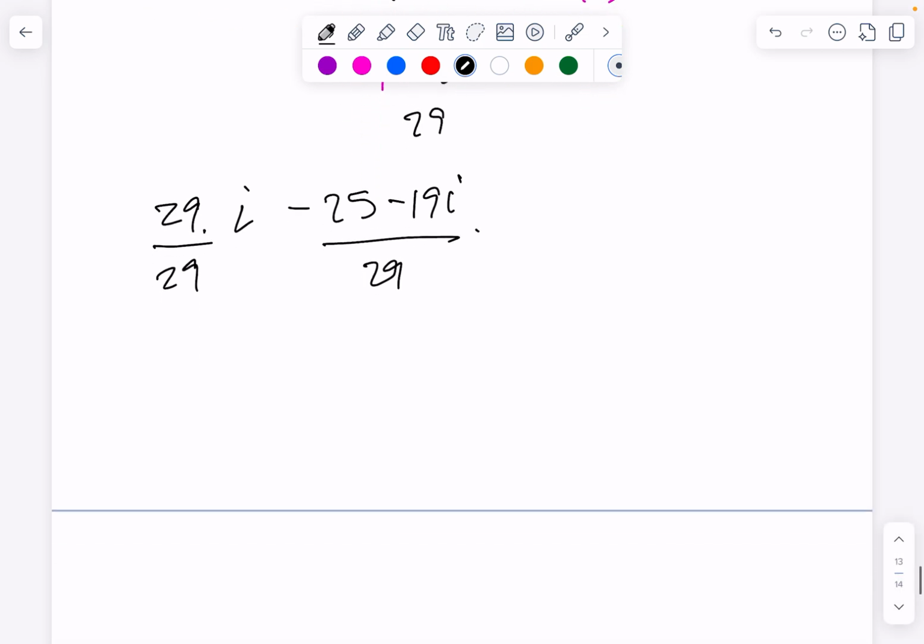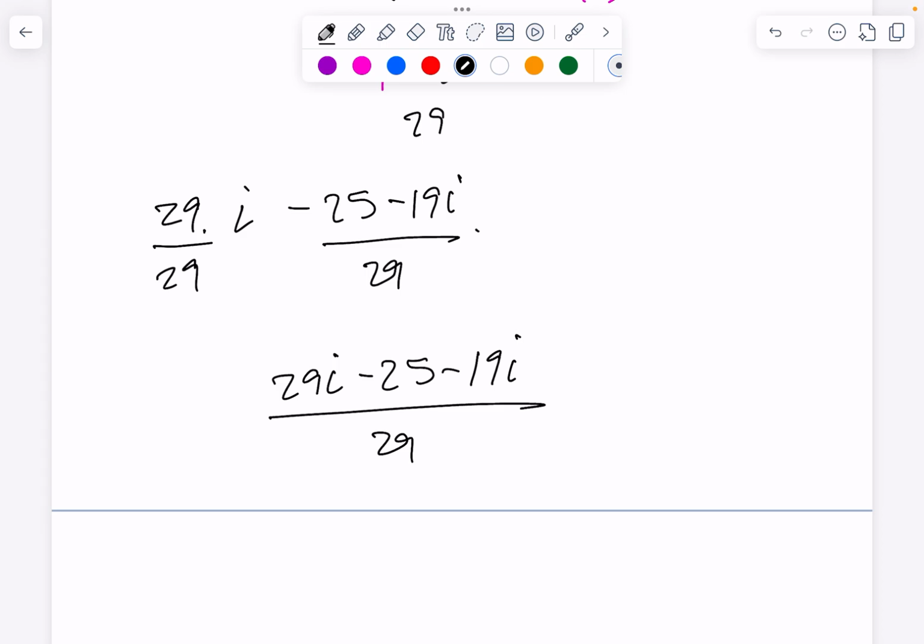So we get 29i minus 25 minus 19i over 29. And 29 minus 19, I feel like that's 10. So negative 25 plus 10i over 29.